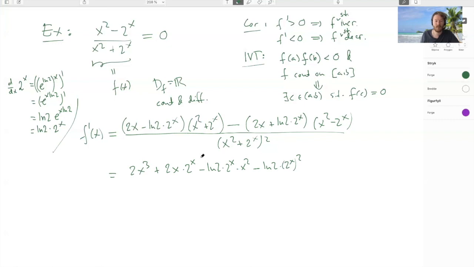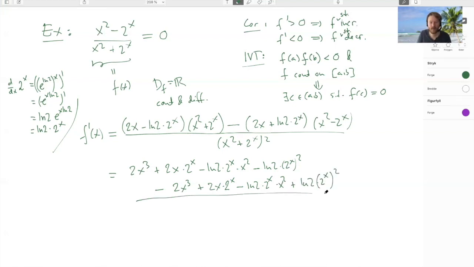Now I subtract all of this, so that's minus 2x to the third plus 2x times 2 to the x minus ln 2 times 2 to the x times x squared, and plus ln 2 times 2 to the x squared. And then all of this is divided by x squared plus 2 to the x, squared.